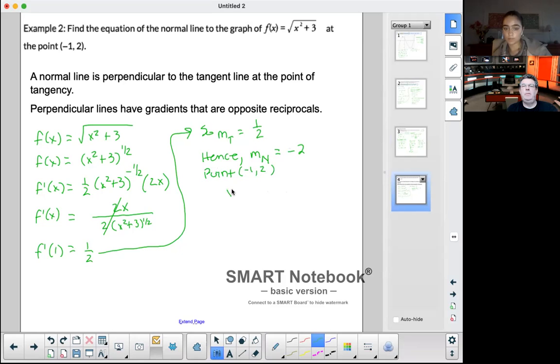So go ahead. So 2 equals negative 2 times -1, so 2 plus b. Okay. And then b equals 4. No, 2. No, 0.